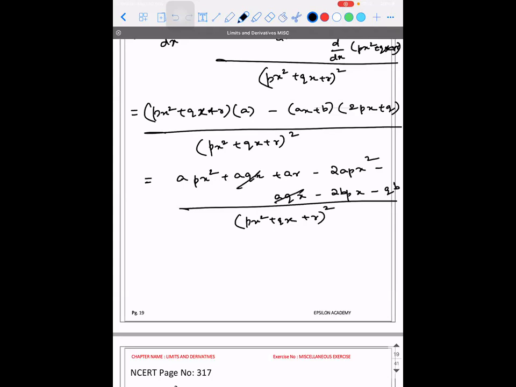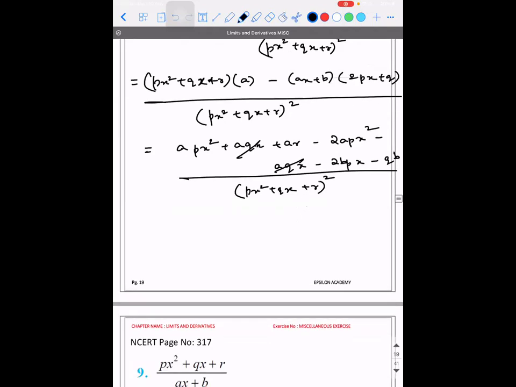The aqx terms are gone. So minus apx square minus 2bpx plus ar minus qb, the whole divided by px square plus qx plus r, the whole square.